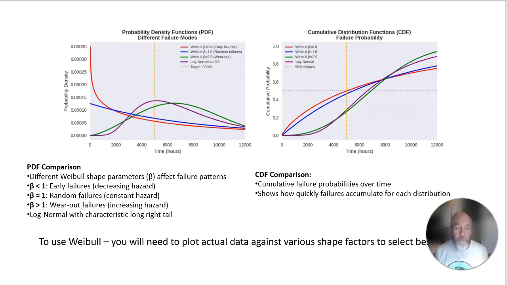So you can say, plot my data along with the probability distribution density function and the cumulative distribution function on a plot with the Weibull with these specific parameters, with a log normal and an exponential distribution, and show all of them. And then look to see which one fits the best.